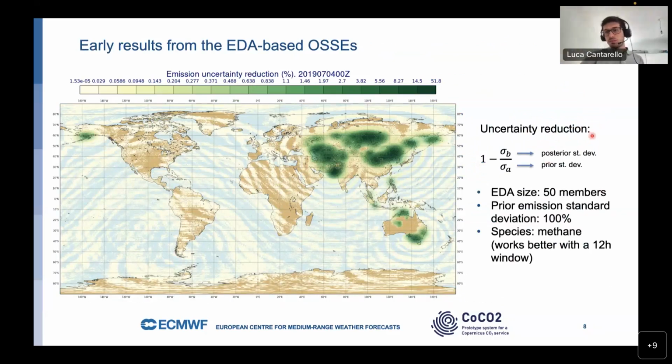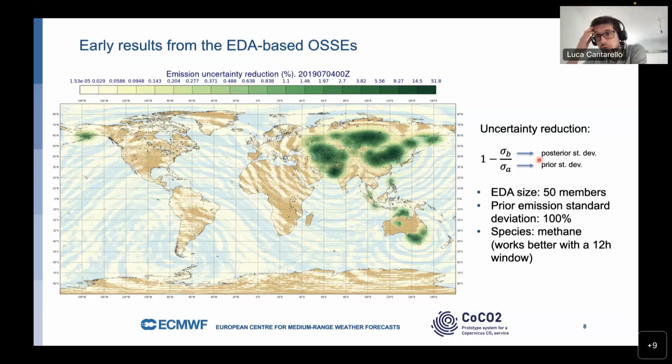Here are some early results. We are using the OSSE system to test that the system is working. We have run an experiment and plotted the uncertainty reduction, which is a common metric in the inversion community, defined as 1 minus the ratio between the posterior standard deviation and the prior standard deviation.